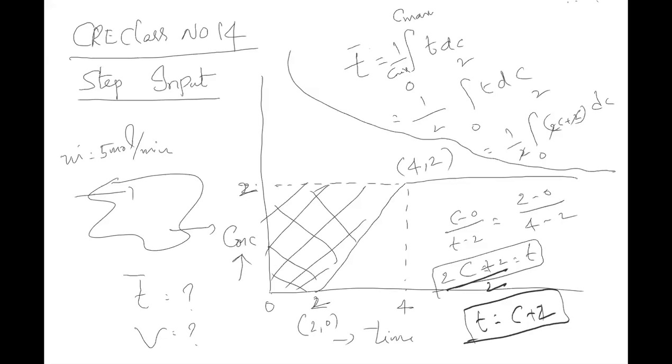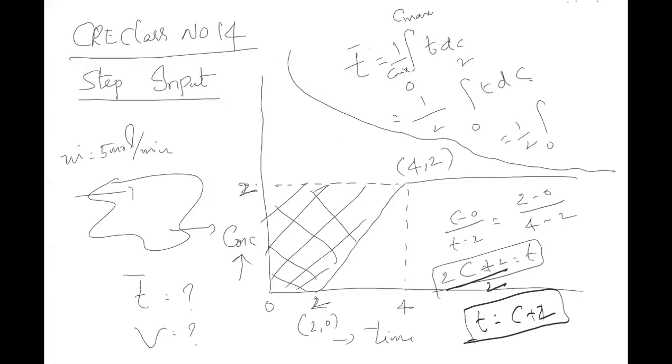C plus 2, no? Just write the straight line equation and substitute here. T is C plus 2.